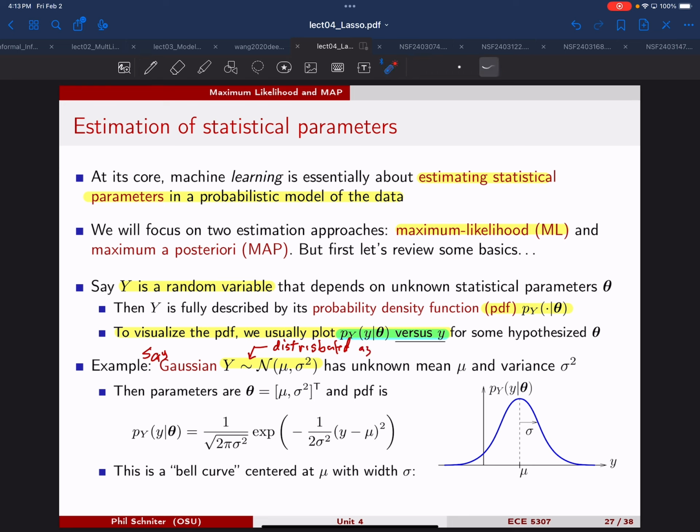So we're saying that this random variable Y is distributed like a Gaussian with mean mu and variance sigma squared. And because we're talking about learning parameters, let's suppose that the mean and the variance are unknown.